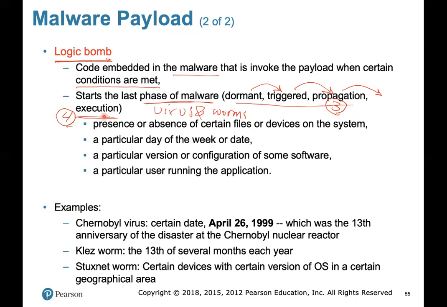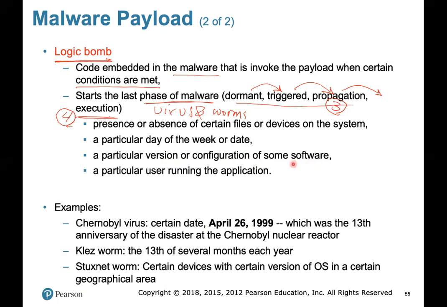Or upon reaching a particular day in a week, or a particular date. For example, we have here the Chernobyl virus, whose logic bomb was set to April 26 of 1999. The logic bomb can also explode upon reaching a particular version or a particular configuration on some software.